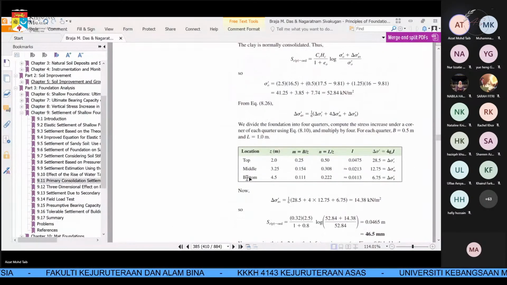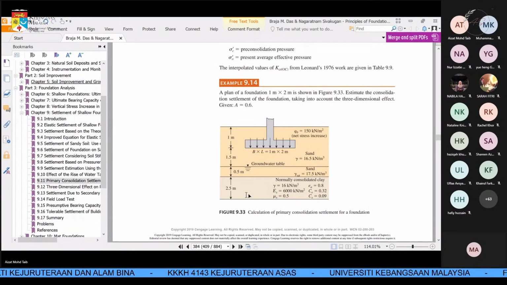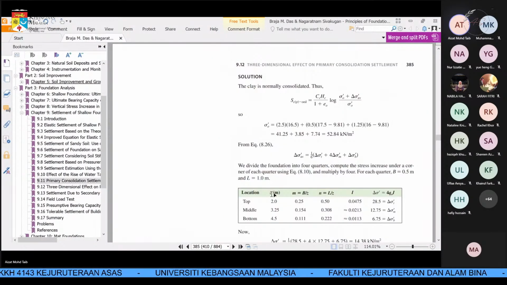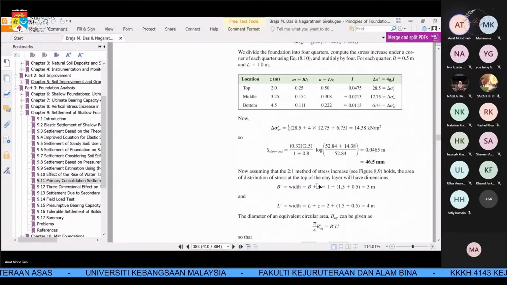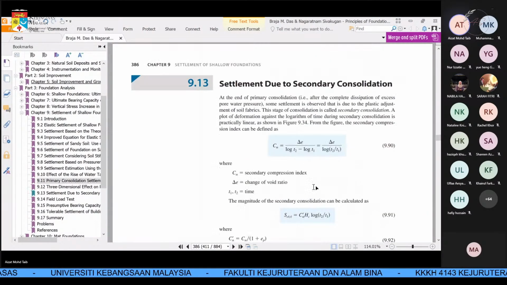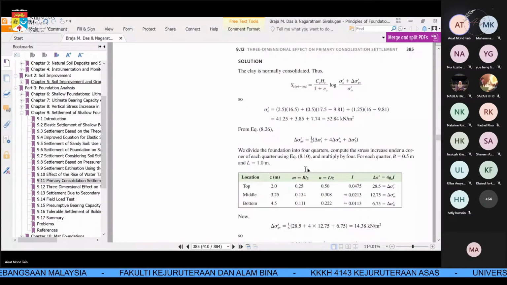So 2 plus 1.25. If 2.5, then 0.83. Top, bottom. Alright. That is why this one includes your 3D.